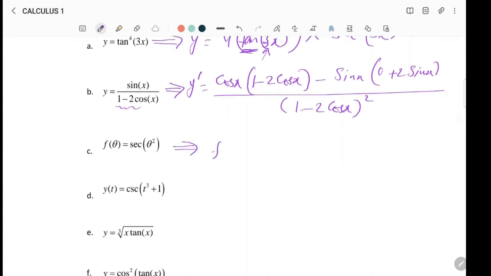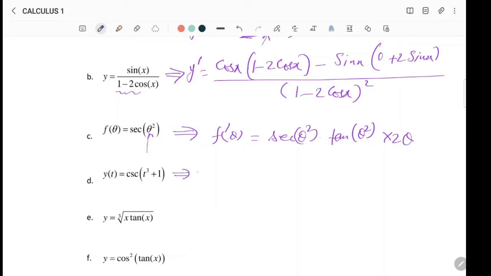Now here f dash theta, sec differentiation is sec x tan x, so sec theta square times tan theta square, and then theta square differentiation is 2 theta.